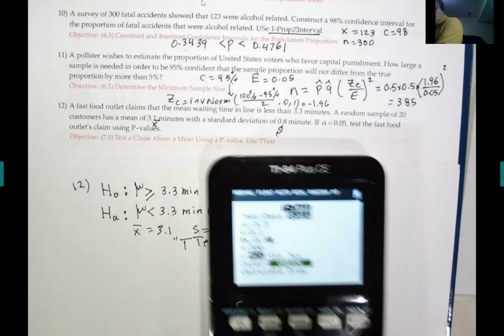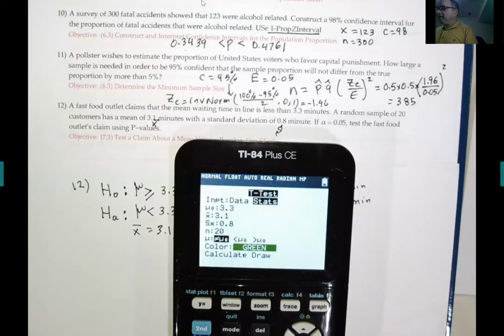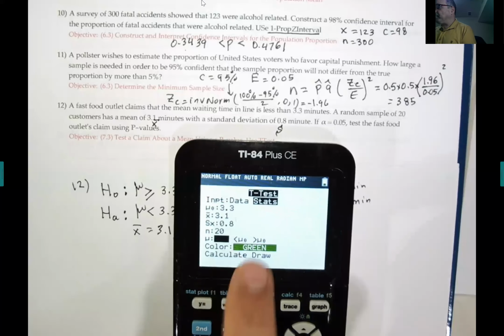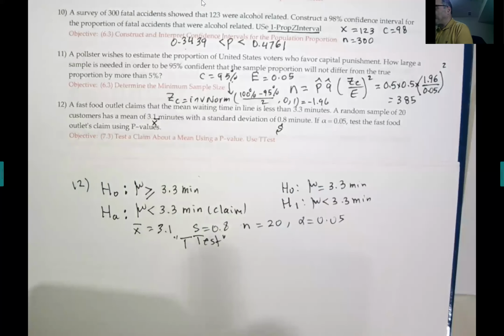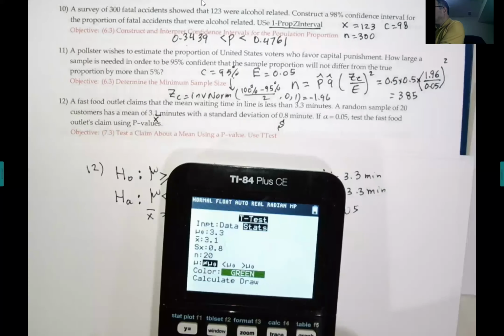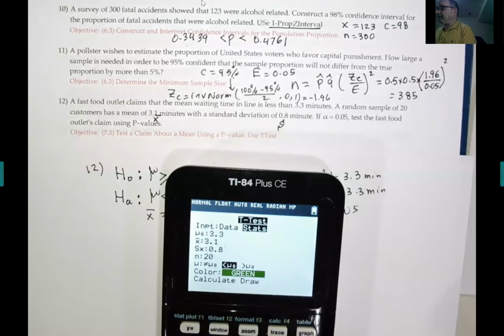And let me pause here and say something about this. A lot of students are not making sure that this is executed properly. You have to select the sign from the alternative hypothesis, which is less than. You have to select it and press enter. If you don't, it's not going to be selected for you. So this is less. Now it's going to work. It's less than, and then hit calculate or draw.